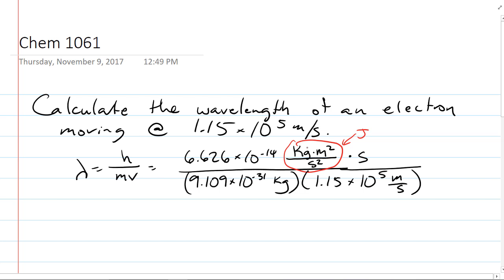What happens to kilograms? Cancel out. What happens to meters? Well, we have 1 in the denominator, but we have 2, that is m squared in the numerator. So m squared gets reduced down to m to the first. We have seconds squared times seconds.